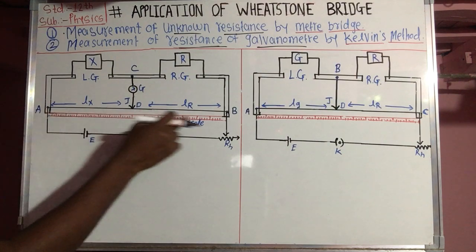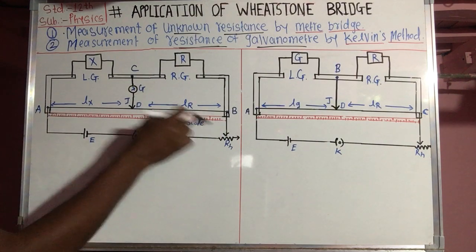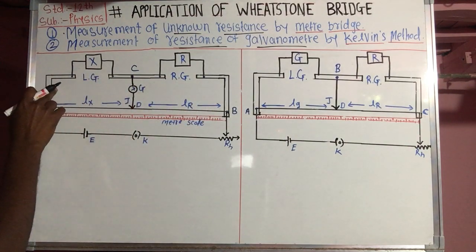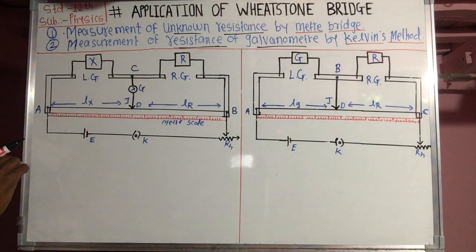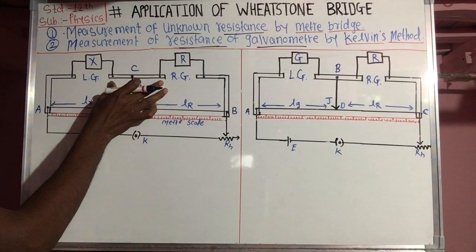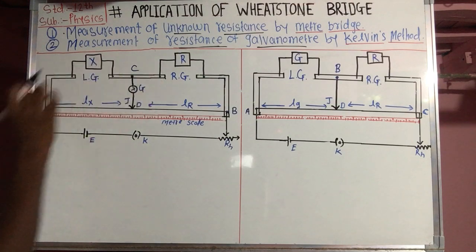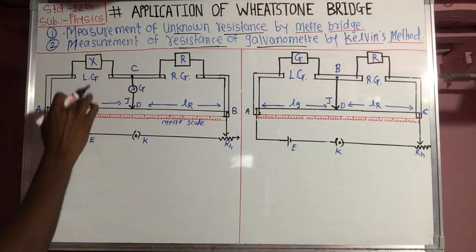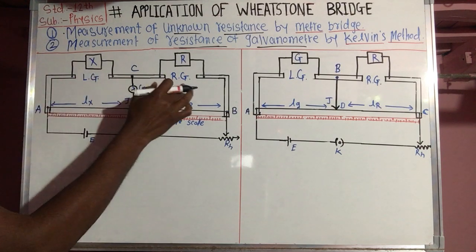The ends of this wire are connected between two metallic L-shaped strips, this one and this one. The third metallic strip, the center strip, is connected here, and it forms two gaps: one is the left gap and the other is the right gap.